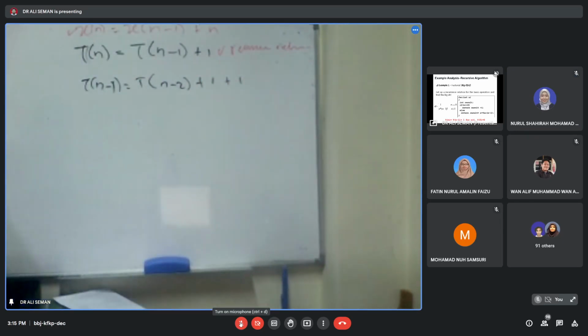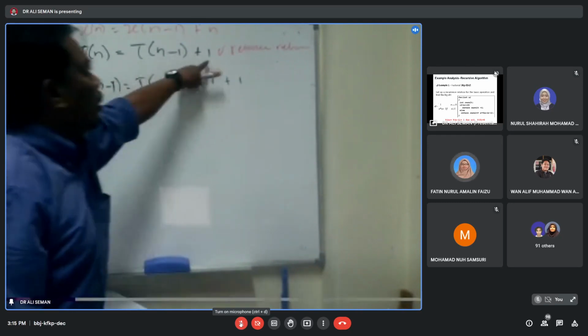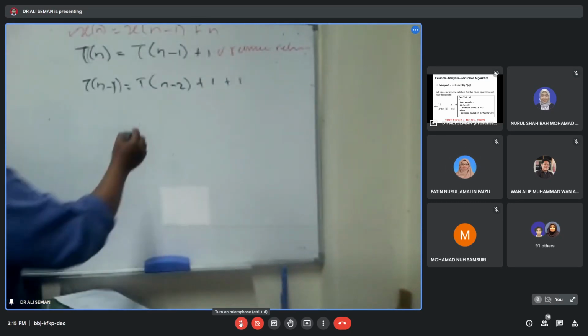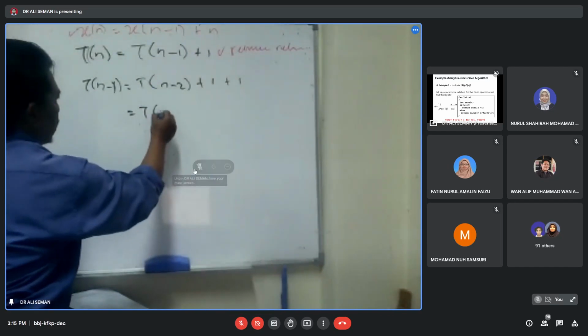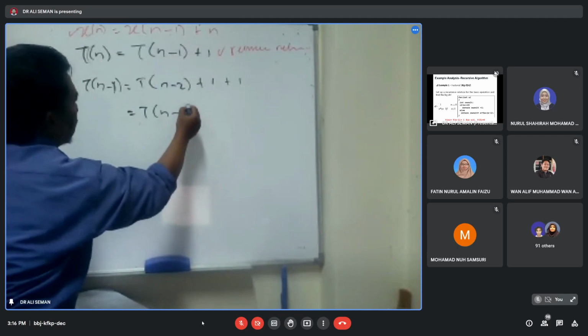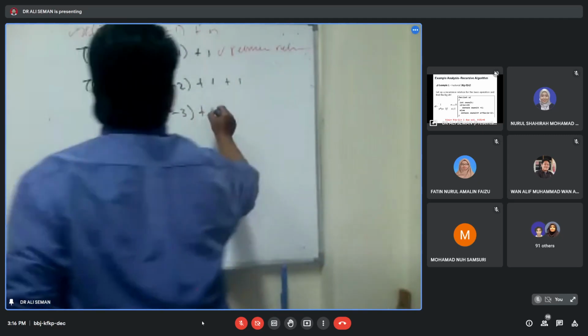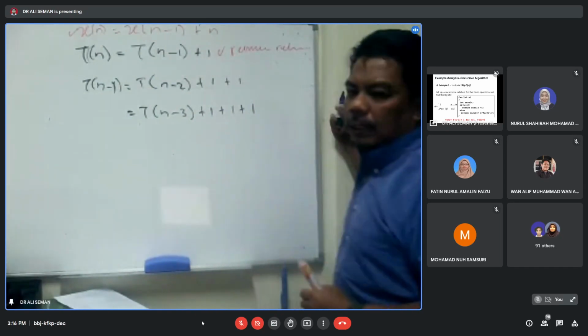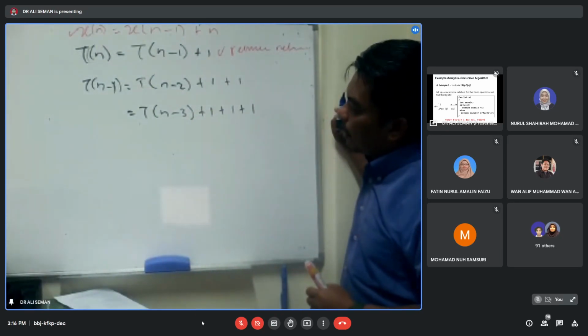Is it correct? One is the original, this one is another. Then we need to substitute n minus 1 again for this, so n minus 3 plus 1 plus 1 plus 1. Is it correct? Clear so far?